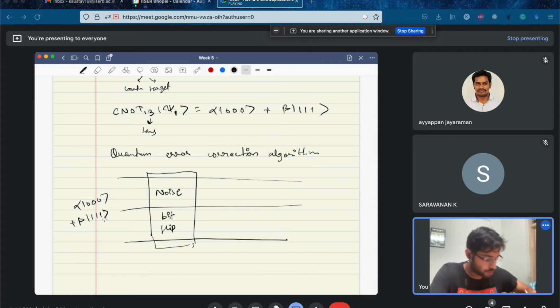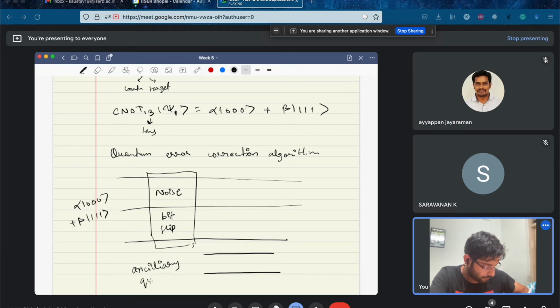Okay, so now how do you find which bits are actually getting flipped, or getting corrupted? So what you do, you take some ancillary qubits. So let's say these are in state 00.